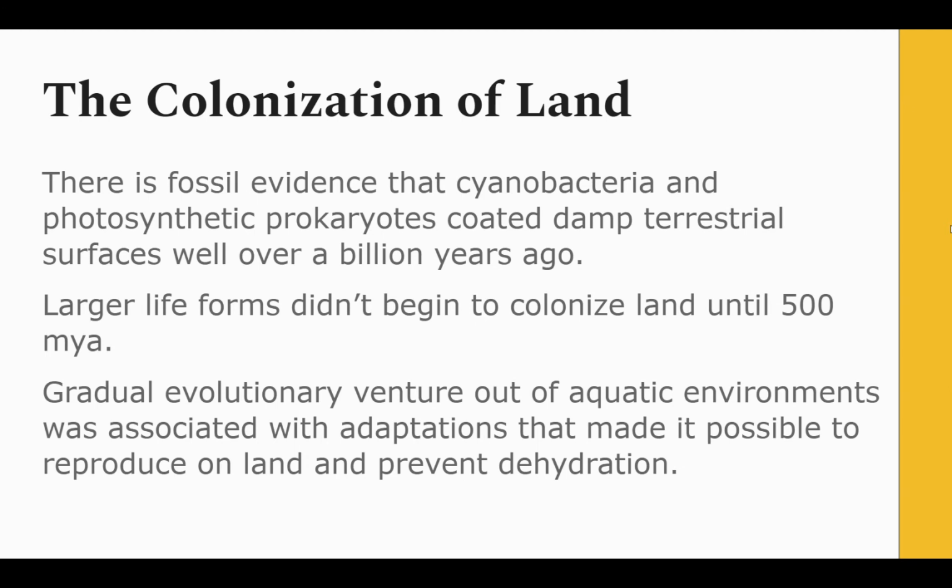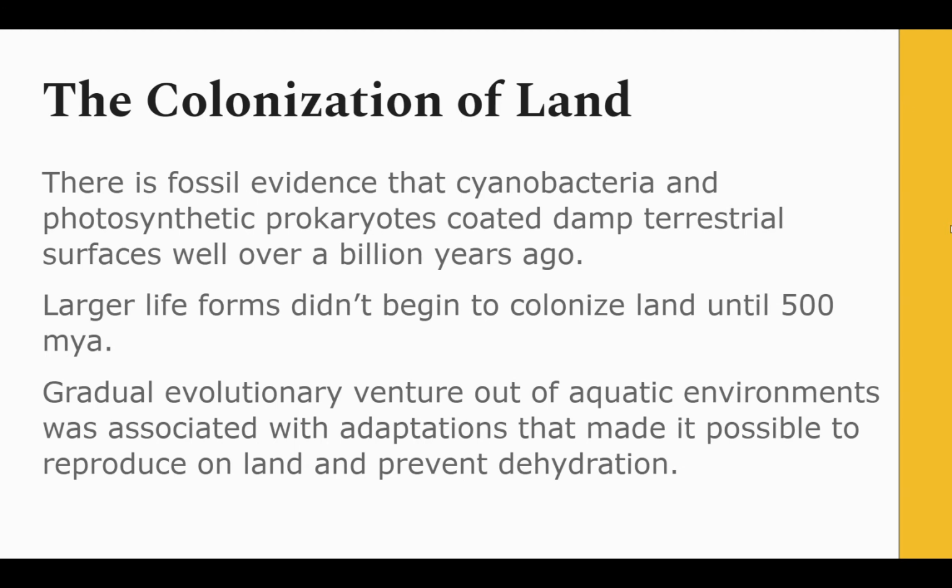We started with cyanobacteria coating damp surfaces, and eventually the aquatic Cambrians started to venture out onto land, much like some sea turtles. They live in the ocean, but they have their babies on land, and babies fall back into the ocean. That kind of thing developed.